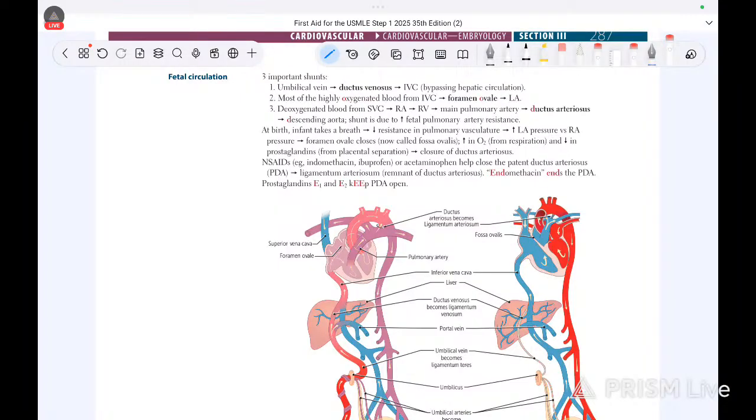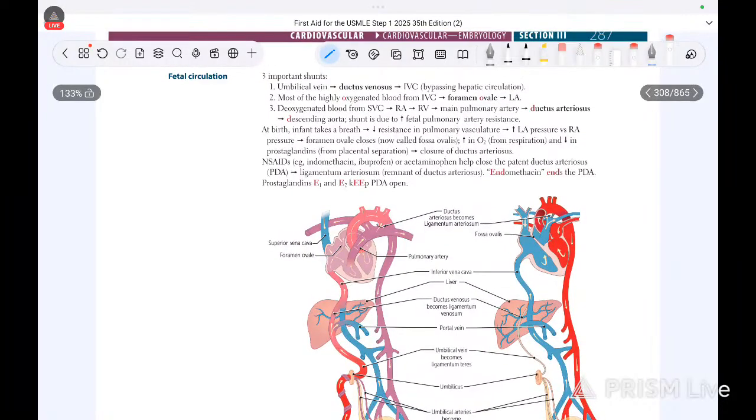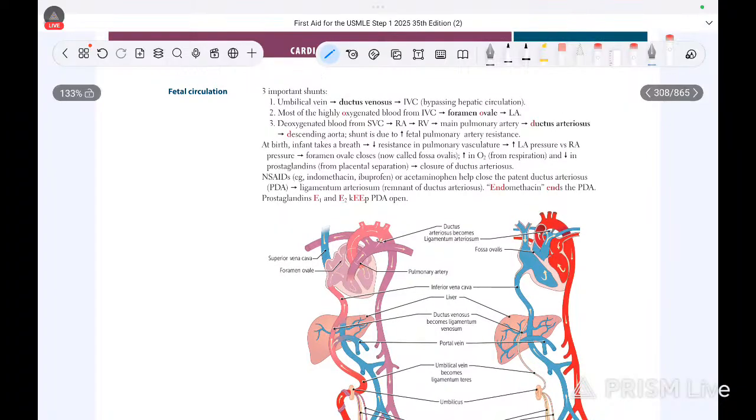So this side and this side, the resistance is decreased, and also the left atrial pressure is more than the right atrium. So the foramen ovale closes, as we discussed earlier, and is now called the fossa ovalis.